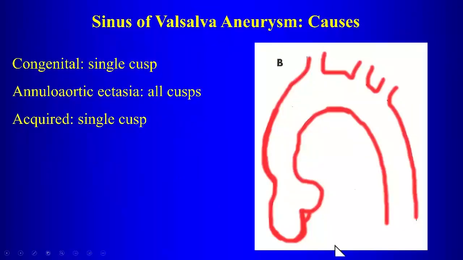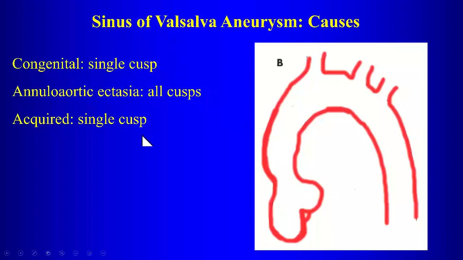Okay? So with sinus of Valsalva aneurysm, usually congenital aneurysms give you enlargement of a single cusp. We saw some cases of annuloaortic ectasia where that can involve enlargement of all the cusps.